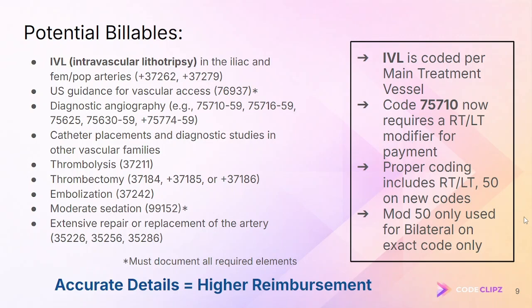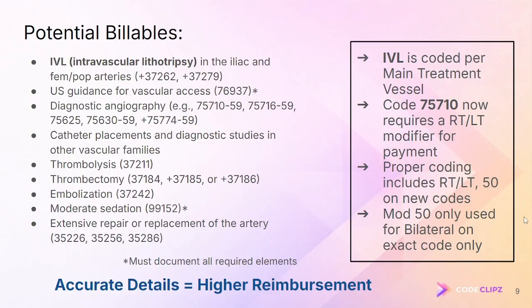A note on this is that we are seeing a lot of denials based on not having the RT-LT modifier on 75710. Most payers require that now, so you'll want to be sure to add that to avoid that extra step. And then the other interventions that we see typically with these lower extremities can also be billed. And there's a list of them there.